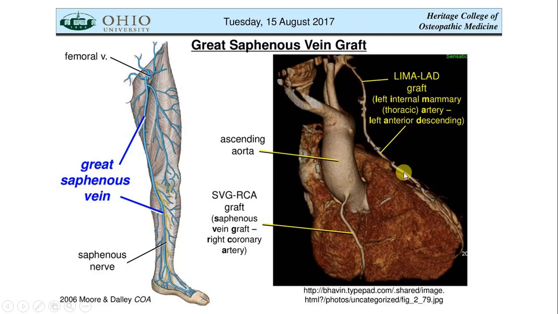The artery has been detached from the thorax from inside, and its proximal end, originating from the subclavian artery, remains here, and this artery is placed as a graft, with the distal end on the left anterior descending artery of the heart. So it's a LIMA to LAD graft. This is an arterial graft, but the other is a venous graft, for which the great saphenous vein is most commonly taken.